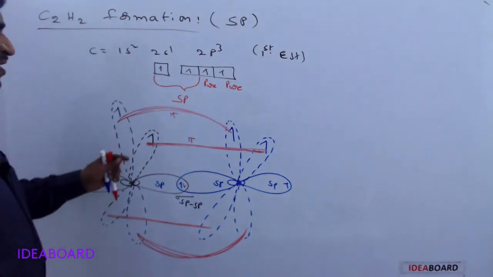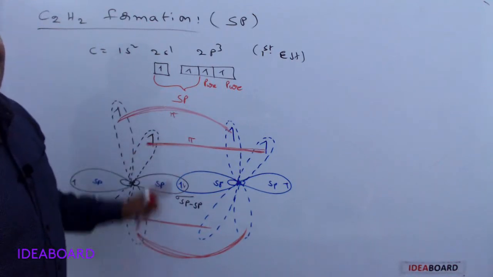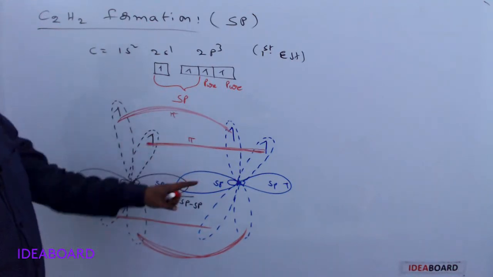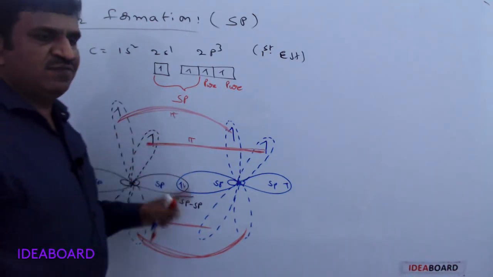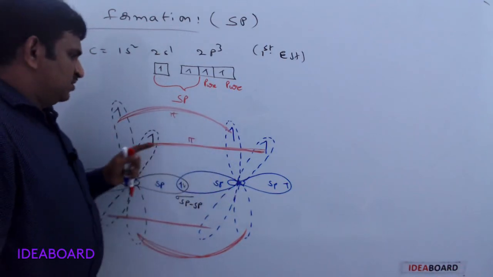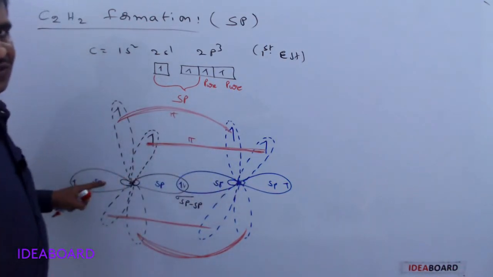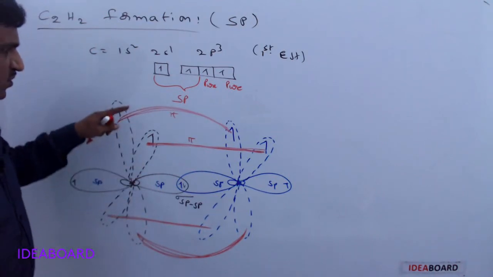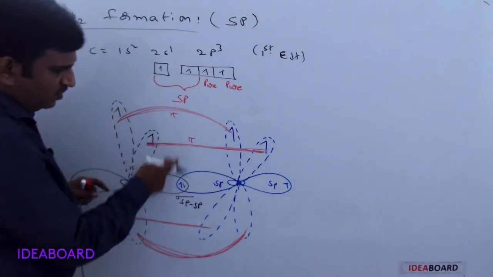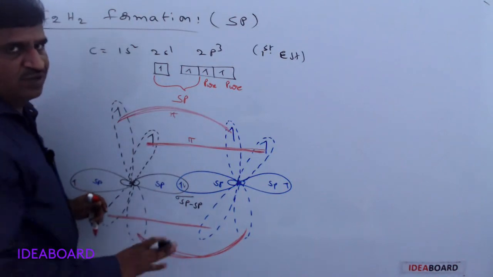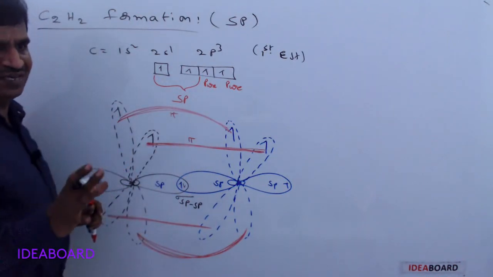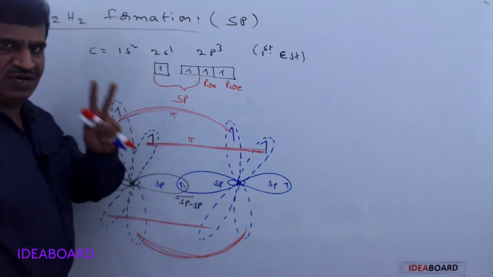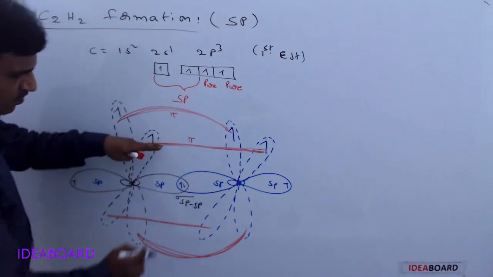So a pi bond has overlapping above and below the plane. I said the sigma bond and pi bond differences, please check it. A sigma bond is along the axis only, but a pi bond is below and above the axis. Here we have only two pi bonds. What are those two pi bonds?